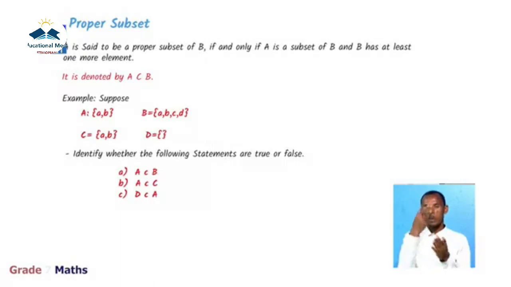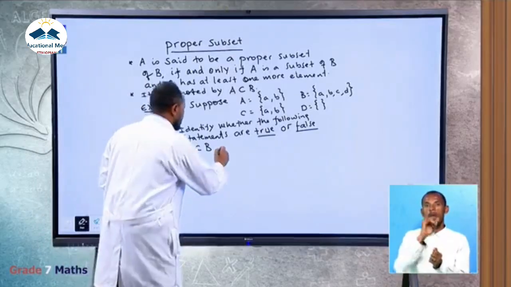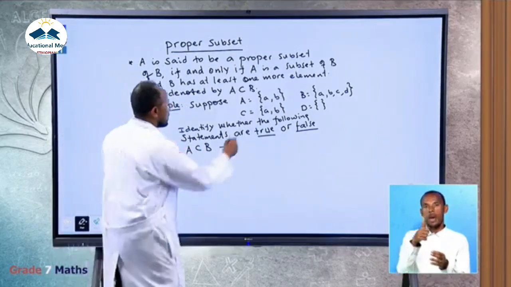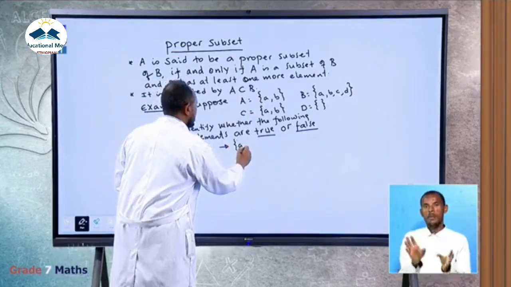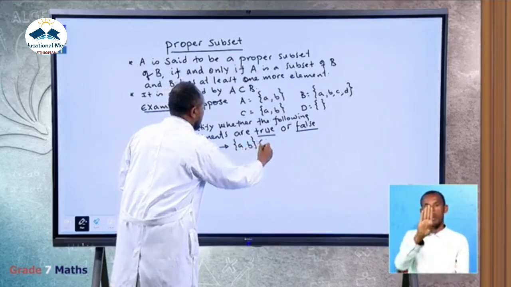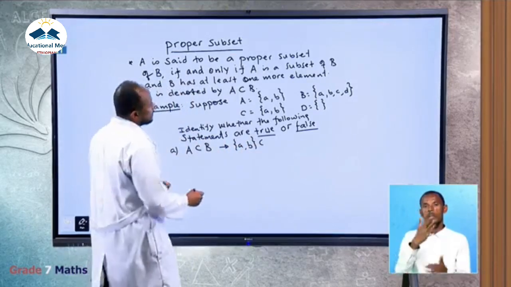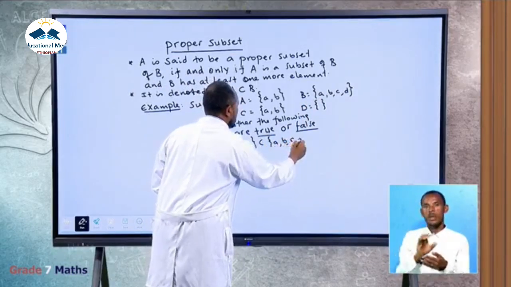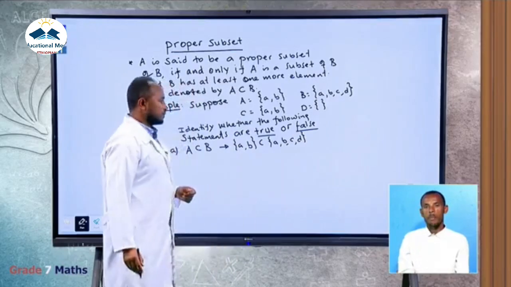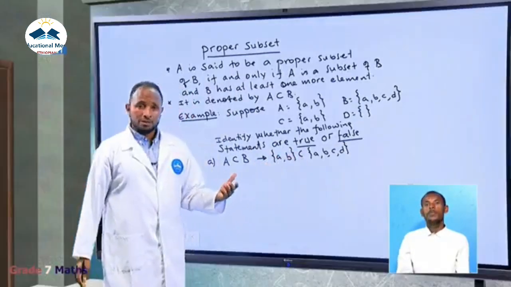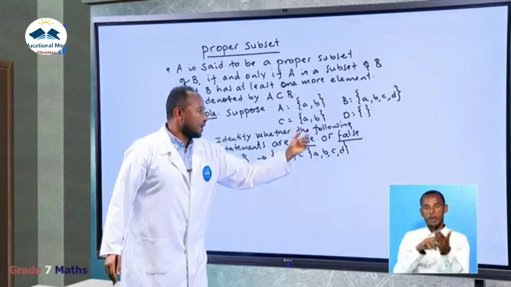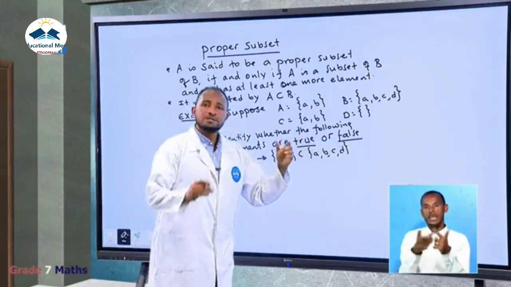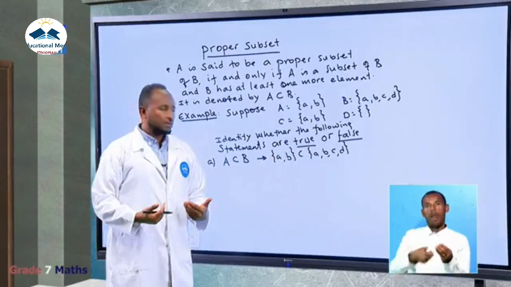Let's check these statements together. A is a proper subset of B. Now, let's see the elements that are found in set A. Set A contains the elements A and B. Set B contains the elements A, B, C, and D. Proper subset means all elements here are also found in the second set, and the second set must have additional elements.